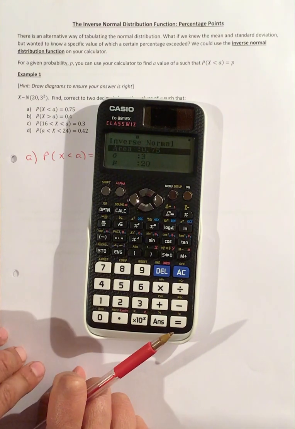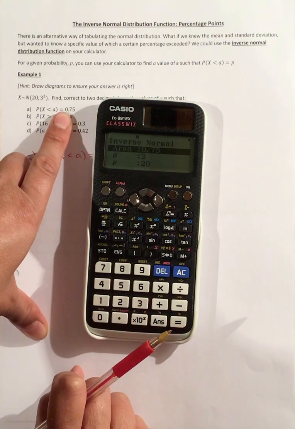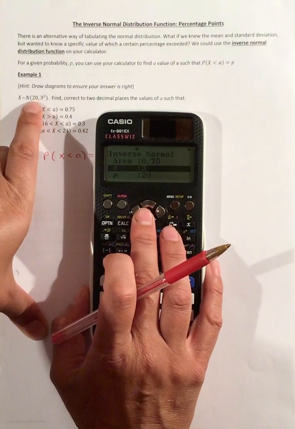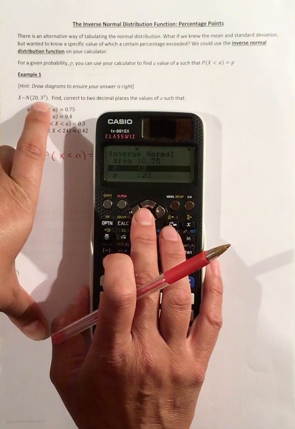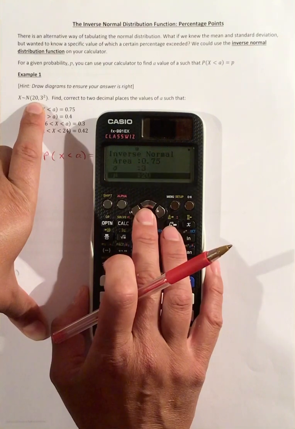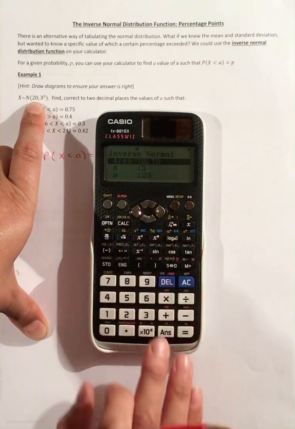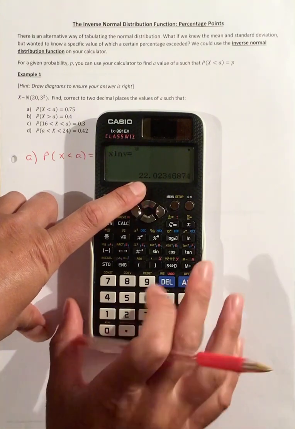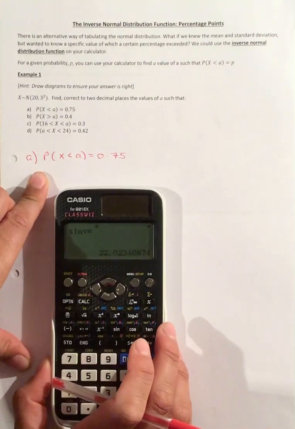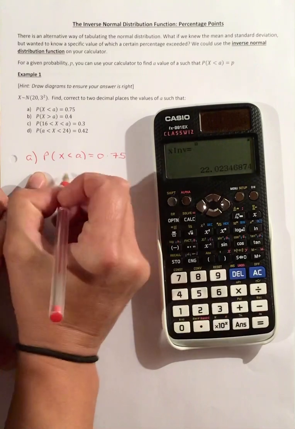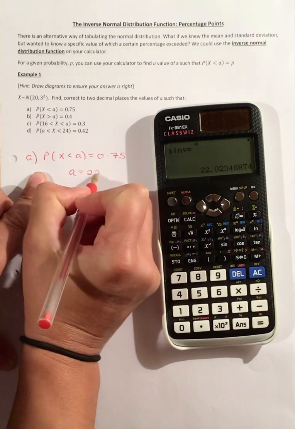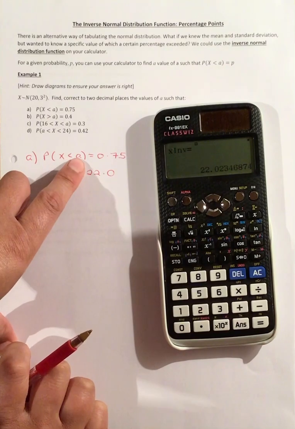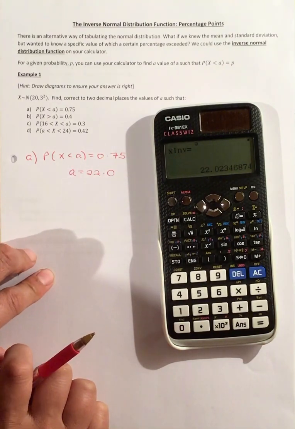We set our area as 0.75, our sigma, the standard deviation, of 3, and our mean of 20. That tells me the value is 22.0. So my a is 22.0, and the probability of x being less than 22.0 is 0.75.